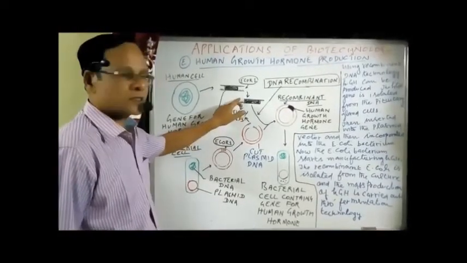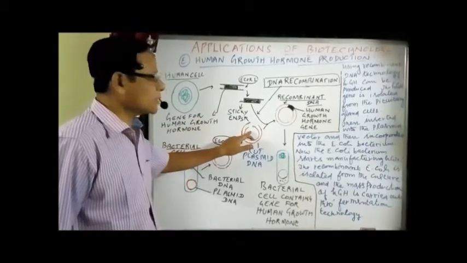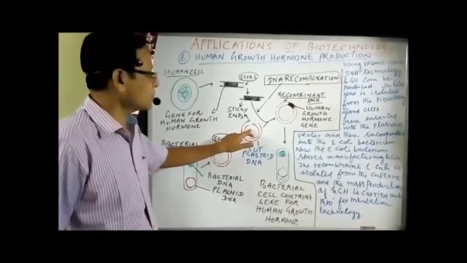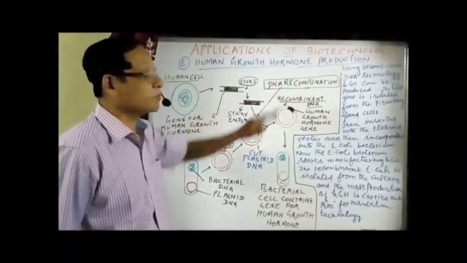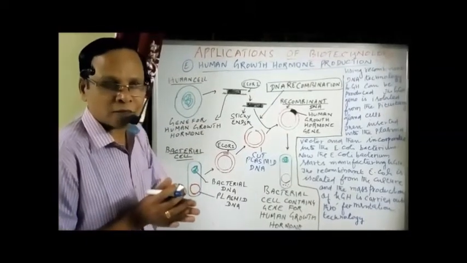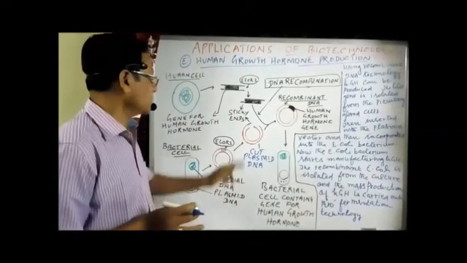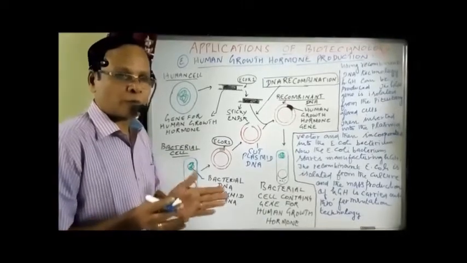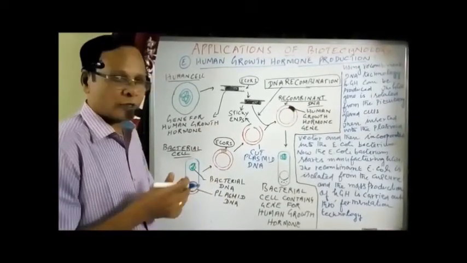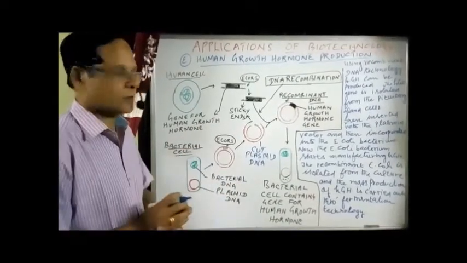Then we have the DNA recombination. The gene with sticky ends is made to recombine with the plasmid, or inserted into the plasmid. That process is called DNA recombination, with the help of the enzyme DNA ligase. So the restriction enzyme is used to cut open and DNA ligase is for joining. Actually it is a paste molecule.